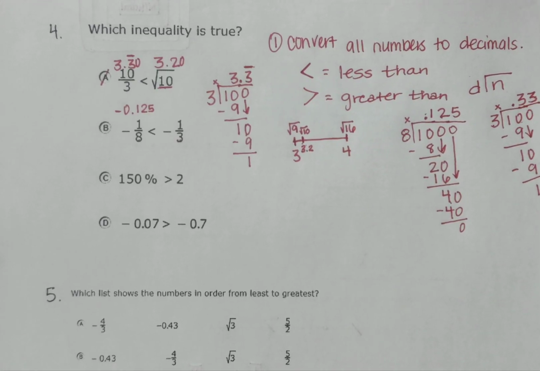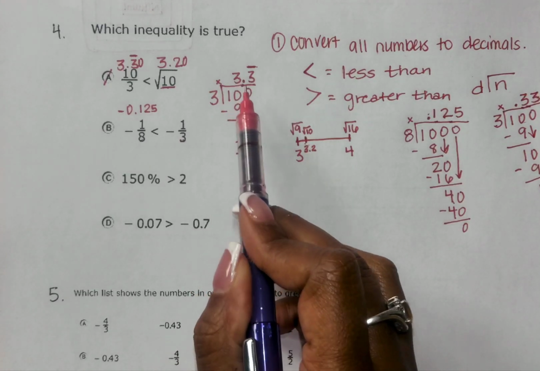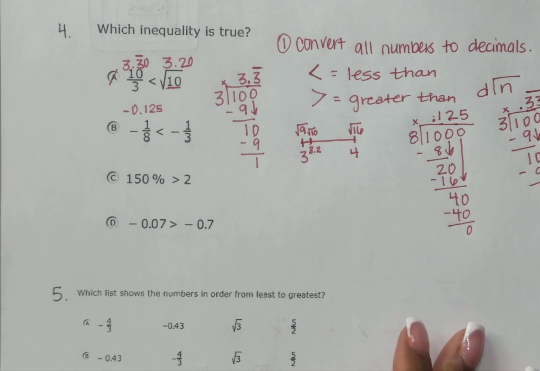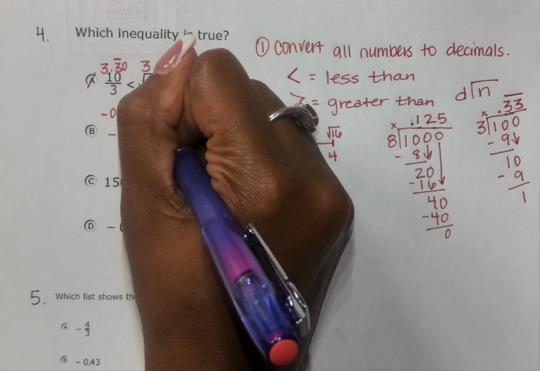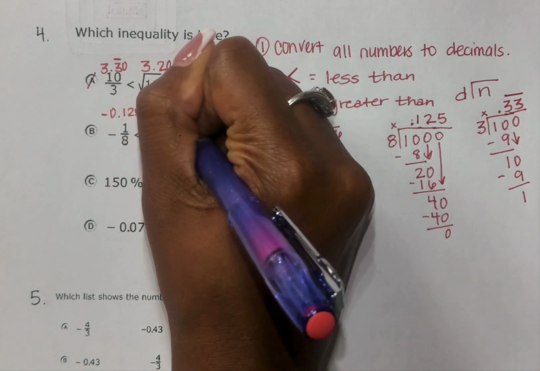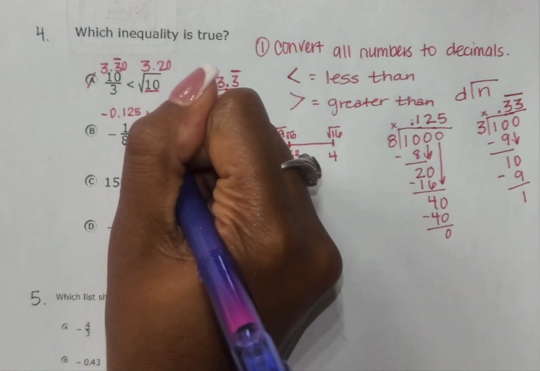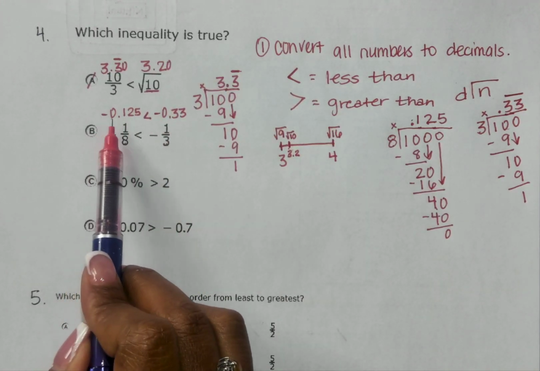We are running into the same repeated situation that we saw over here. So this lets us know that 3 will just keep repeating, and so we'll just write that bar over it. So negative 1/3 is equivalent to negative 0.33 repeating.